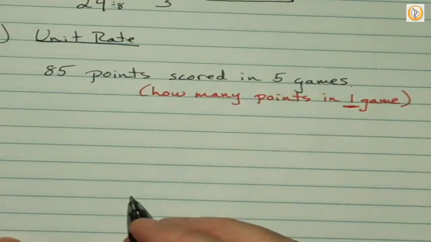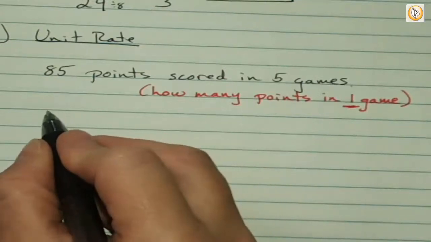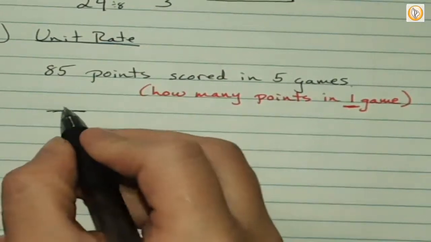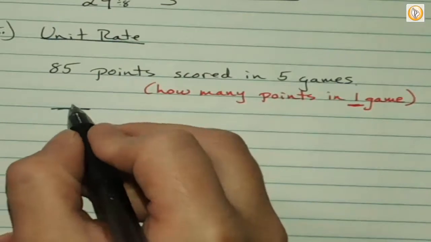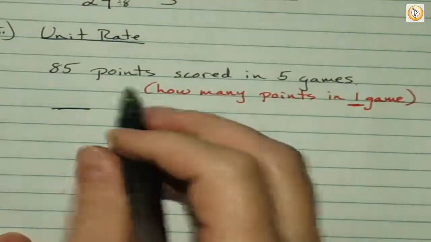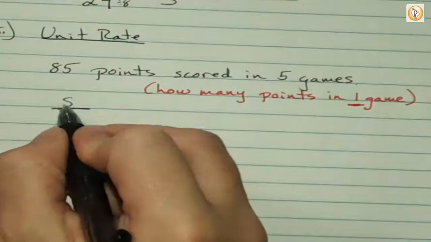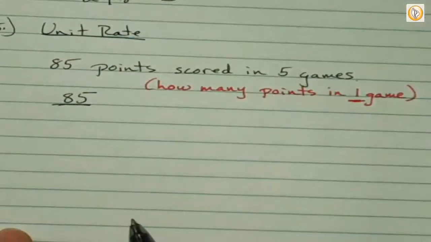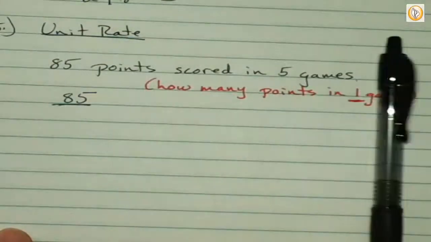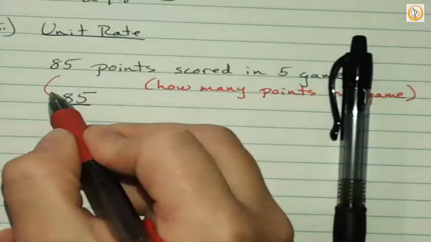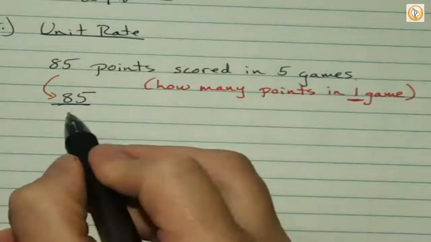So we set it up as a what, Michael? Fraction. And what goes on top? Points. So 85 points in 5 games.